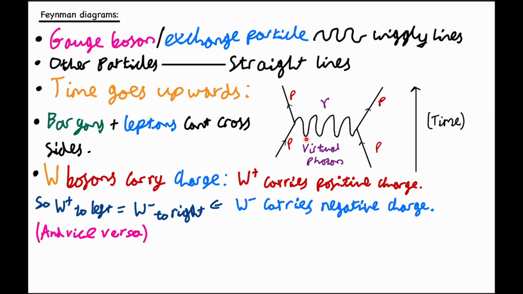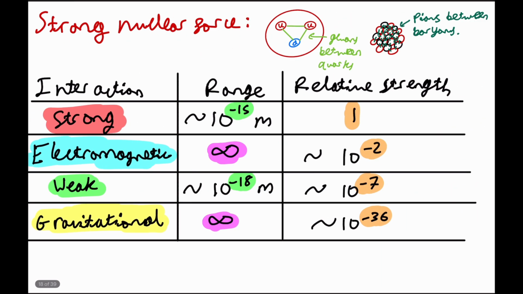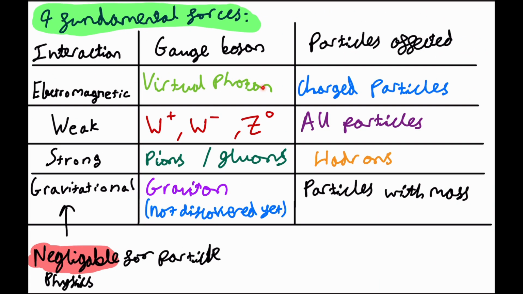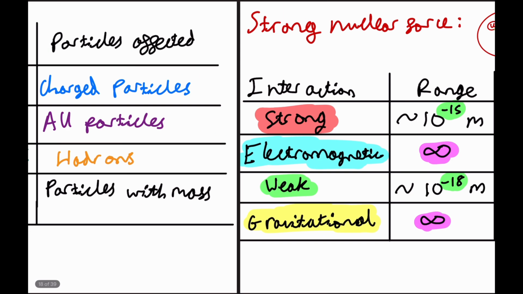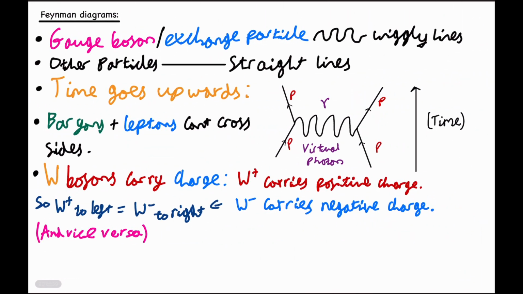So because there's a force going on, you need an exchange particle, which in this case is the virtual photon, because, as we said before, the electromagnetic force has a virtual photon as the gauge boson. And the W bosons carry charge.